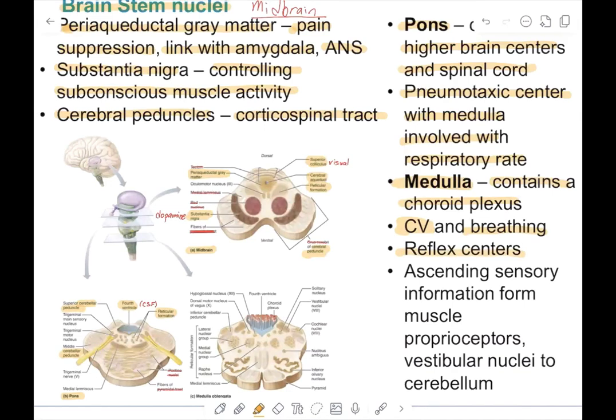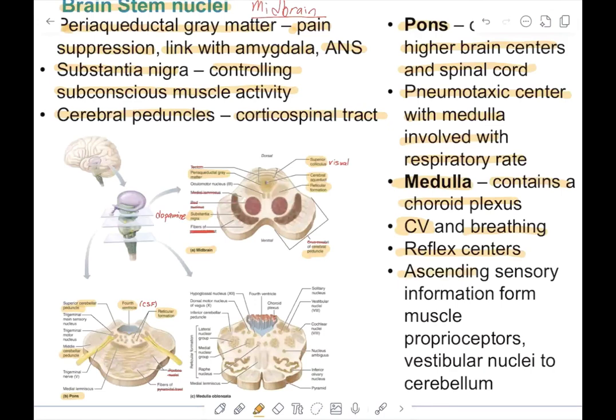Those reflex centers would respond to things like low blood pressure, and would send a signal to the medulla. The medulla would make a response to increase not only contractility of the heart, but also the contraction of the blood vessels via the vasomotor center.